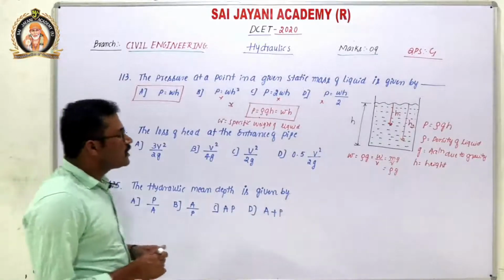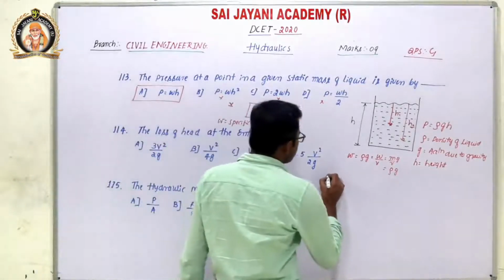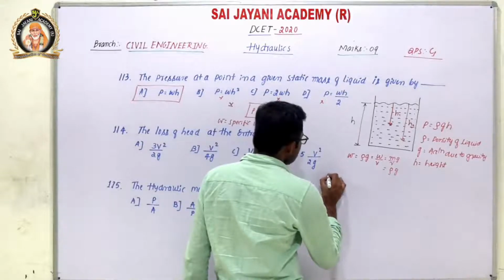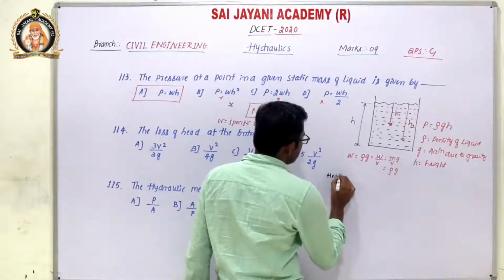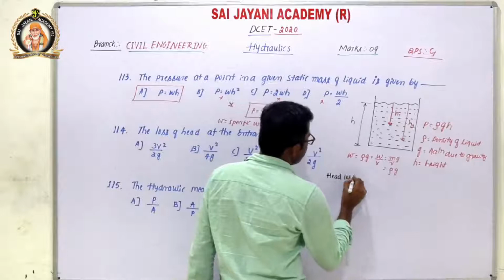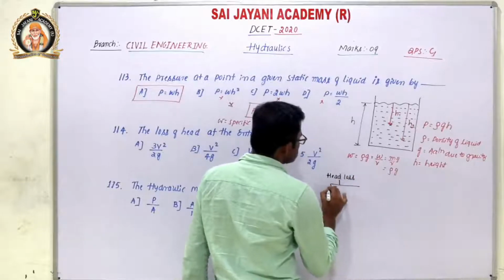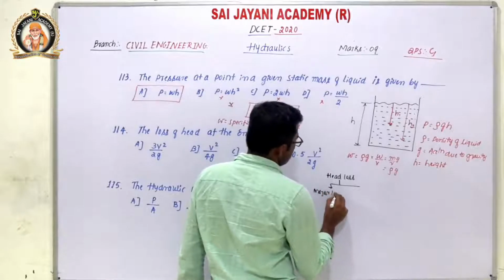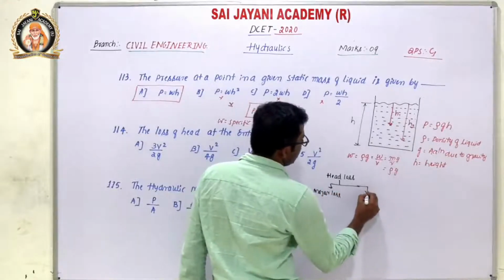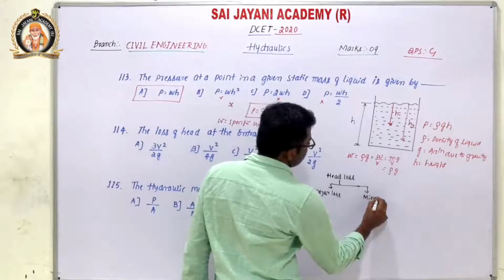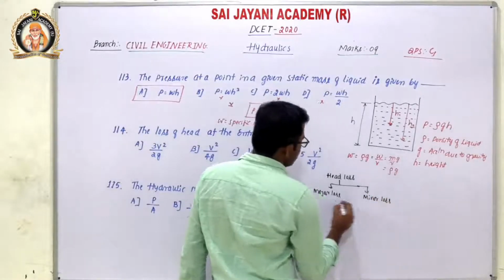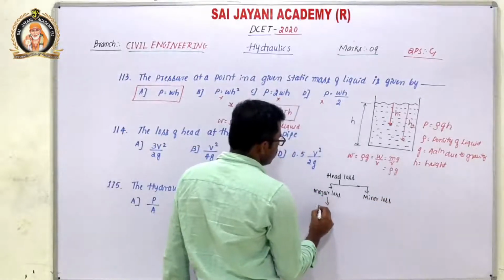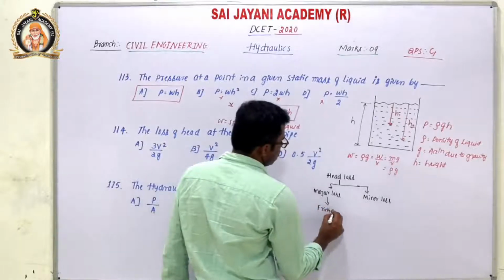So we know that there are mainly two types of head loss: major loss and minor loss. Major loss is due to friction only.